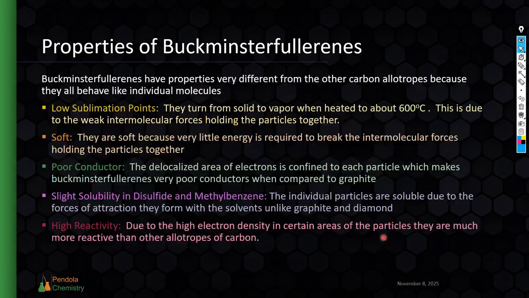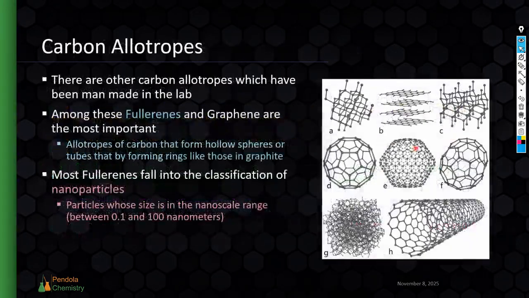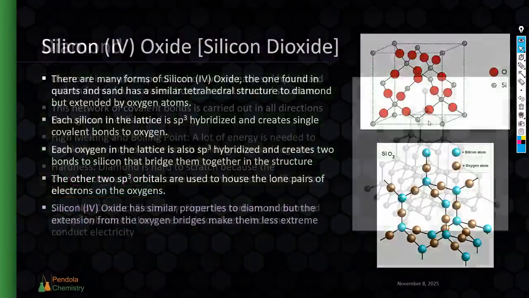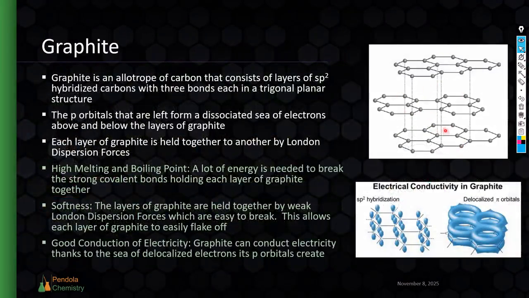So if we go back to the graphite slide, we remember that graphite from the last video is individual layers of sp3 hybridized carbons bonded in this hexagonal pattern. But the layers of graphite are connected to each other through London dispersion forces.